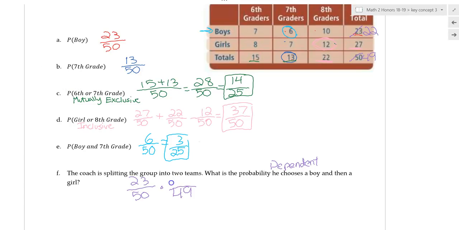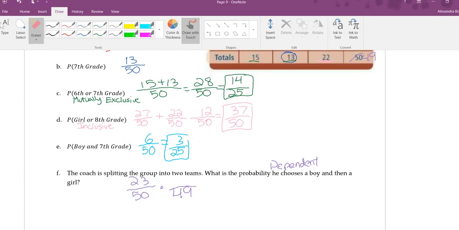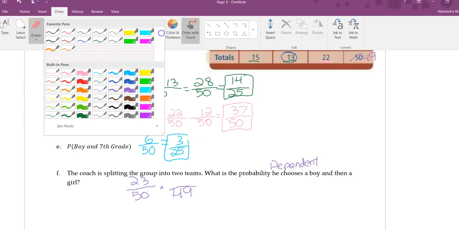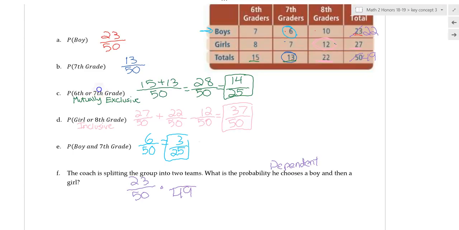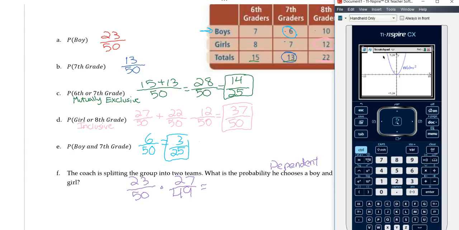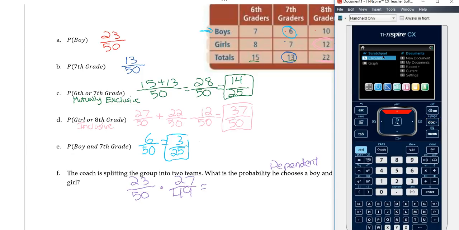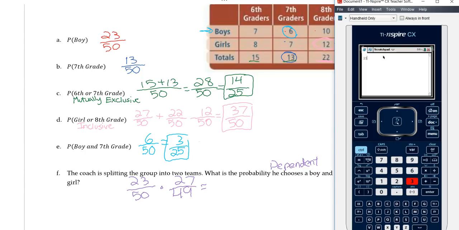So it should be 27 out of 49. So we have 23 out of 50 times 27 out of 49, and we get 621 out of 2,450.